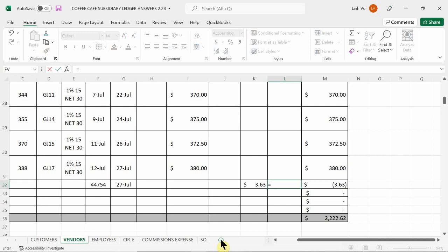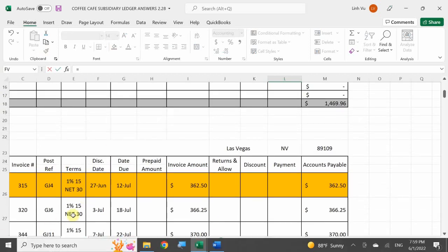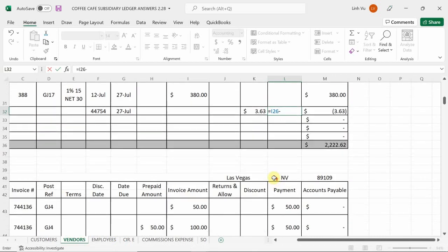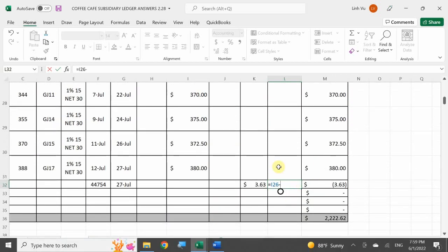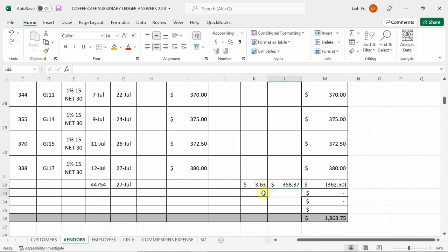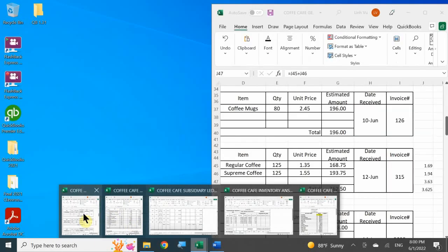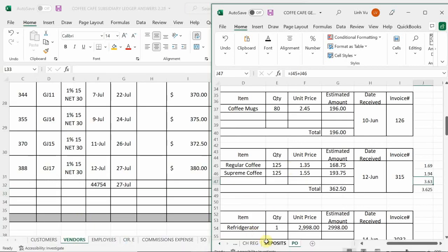Well, I can just do my calculations here. $362.50 minus $3.63 will give me a grand total of $358.87. So that's the total amount I'm going to be writing my check out for, $358.87, because I'm not paying for the full thing. I'm paying at a discounted price.